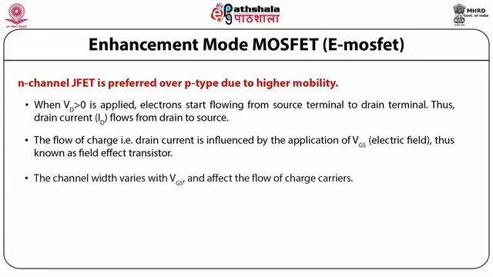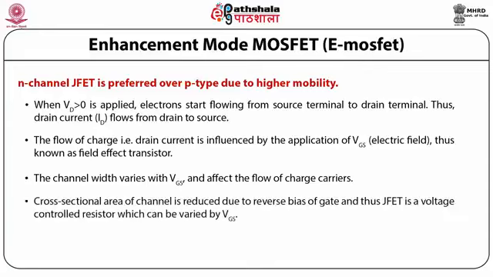Now, the channel width varies with VGS and affects the flow of charge carriers. The cross-sectional area of the channel is reduced due to reverse bias of the gate, and thus JFET is a voltage controlled resistor which can be varied by varying the voltage VGS.